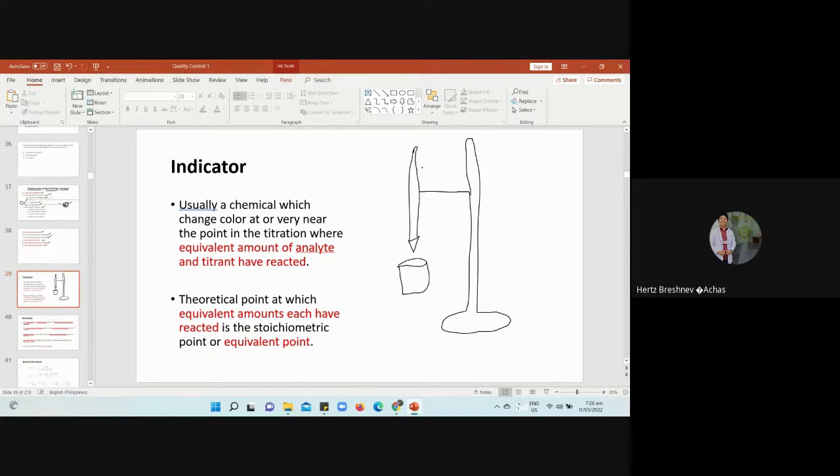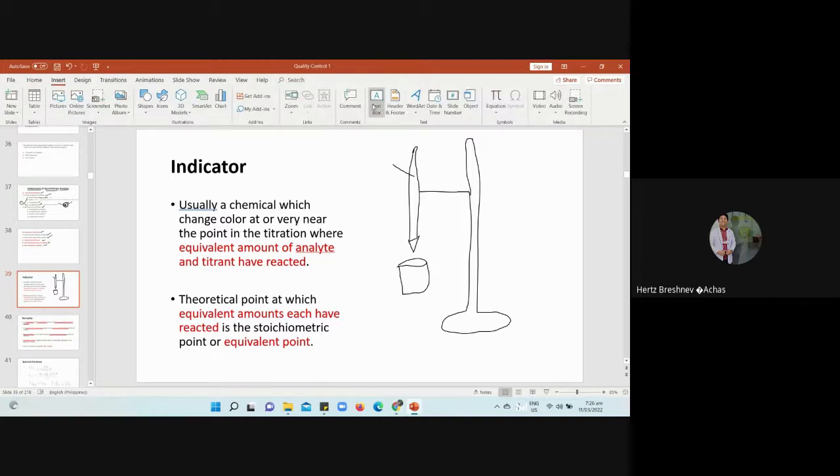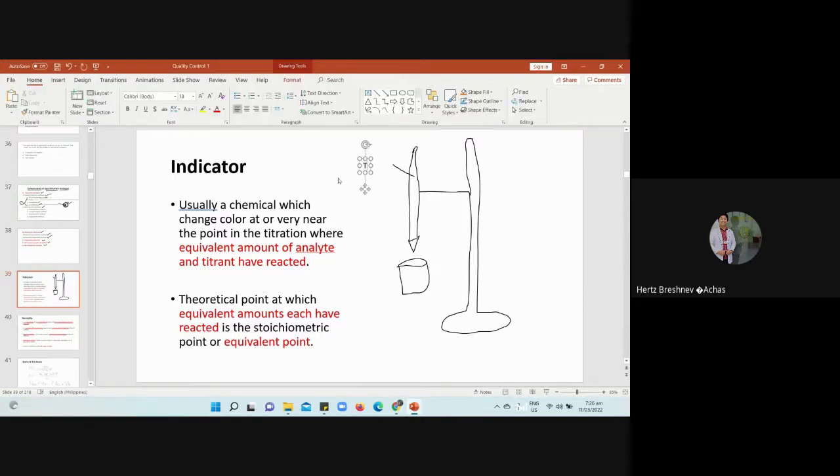So, let me just label. This is our titrant. Titrant. And this is our analyte. Analyte.